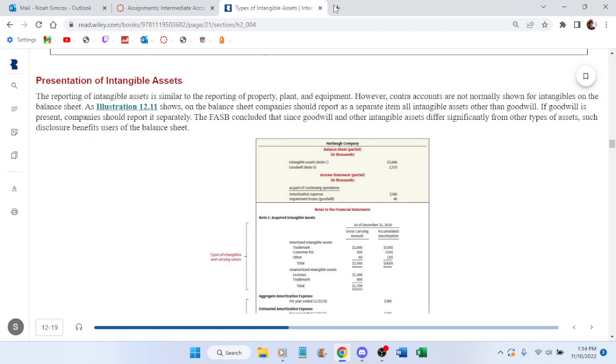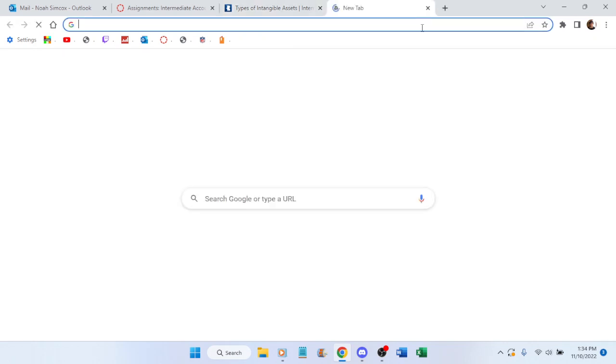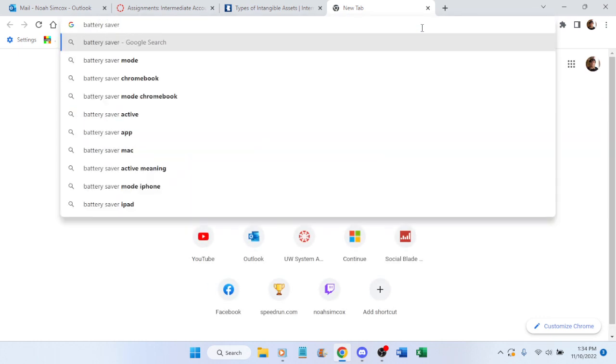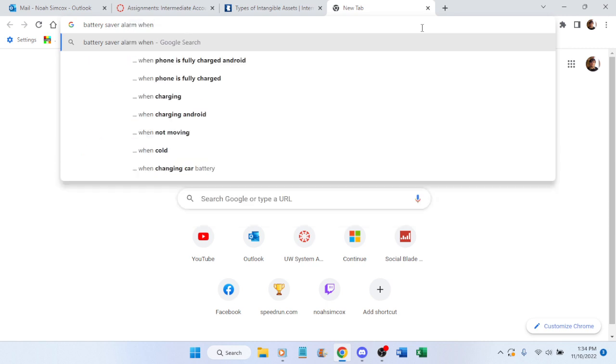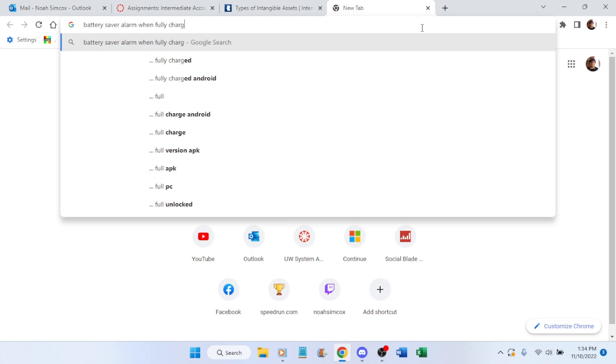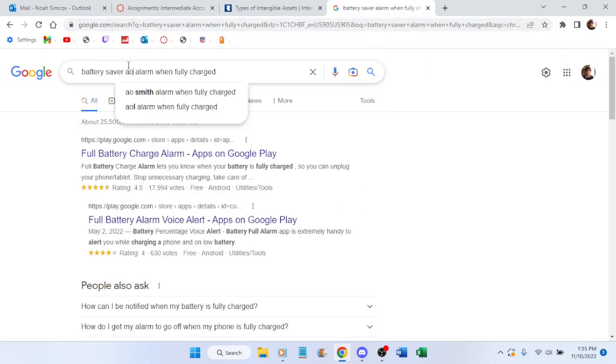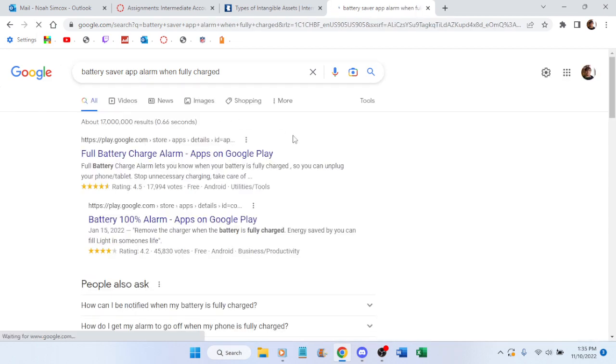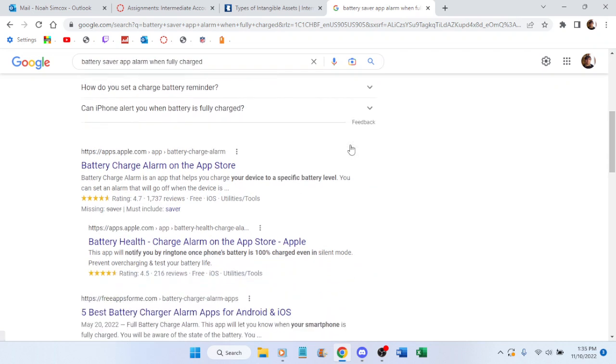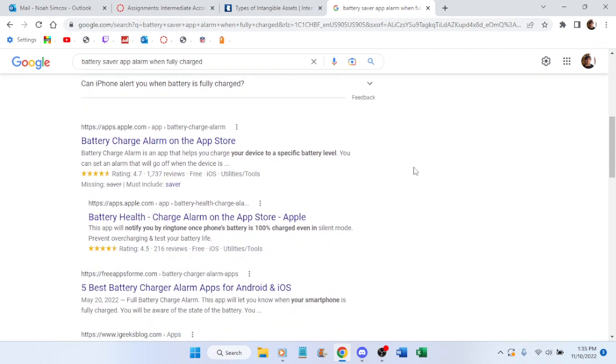Okay, battery saver. Alarm when fully charged. Hello? I'm trying to find it.